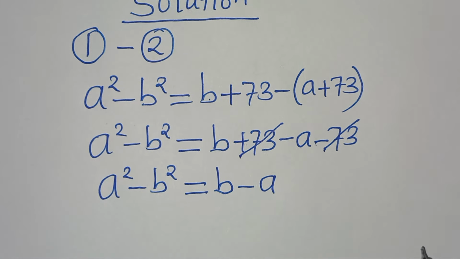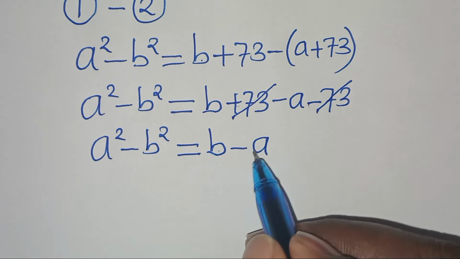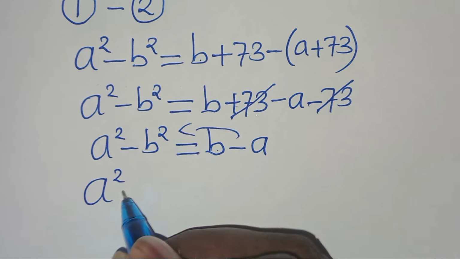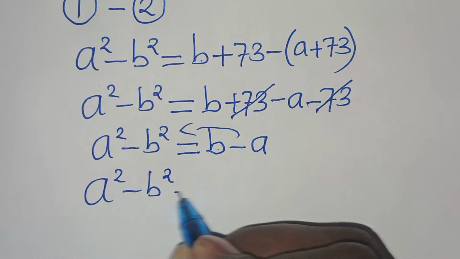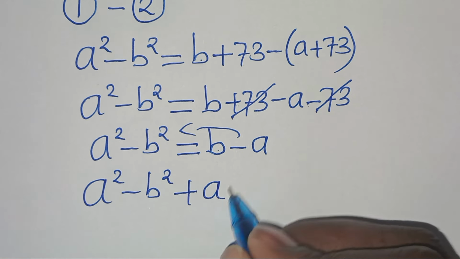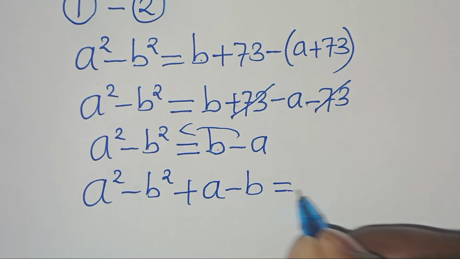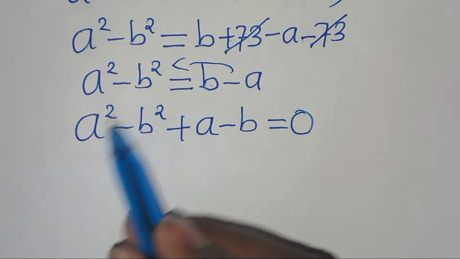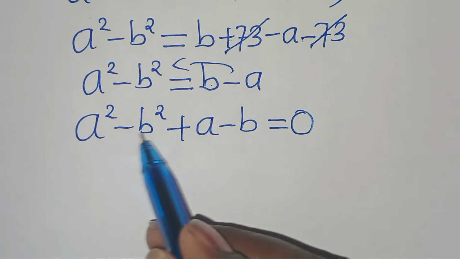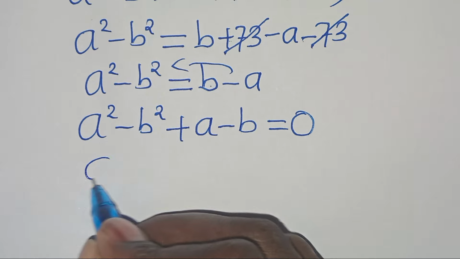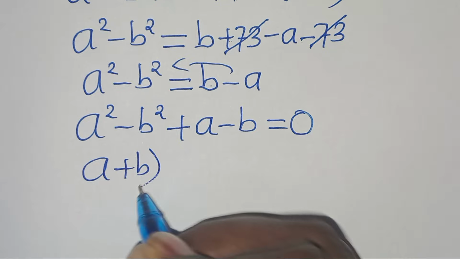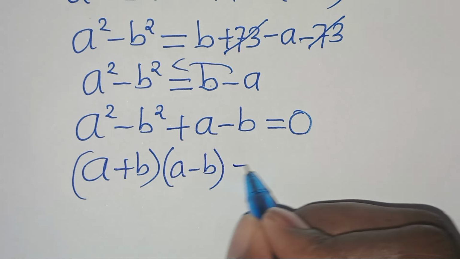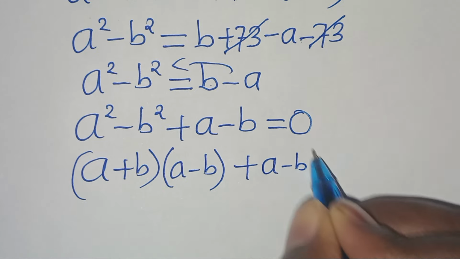This simplifies. So let's take b minus a on the left hand side, so that we have a squared minus b squared plus a minus b. This is equal to 0. So a squared minus b squared, this is the difference of two perfect squares that we can express as a plus b multiplied by a minus b, then plus a subtract b.